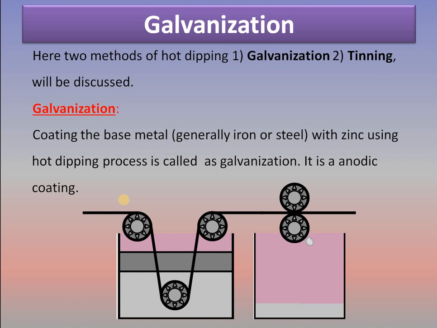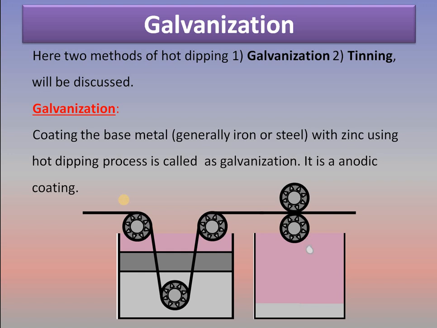First, the base metal surface is cleaned by immersing the metal into dilute H2SO4 solution. After that, the base metal is washed with water and further dried using a hot air blower. After this, the galvanization process is carried out.